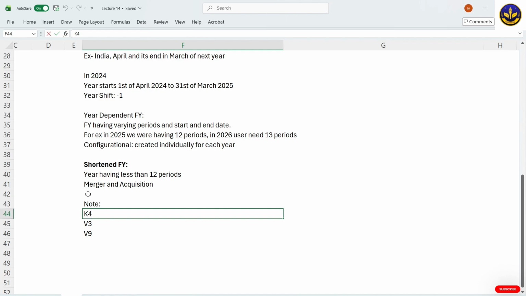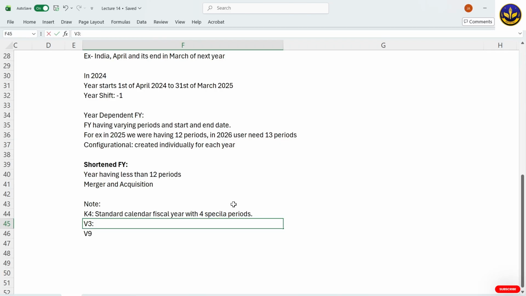So what is this K4? It is a standard calendar fiscal year with four special periods. If you take the real-time example, in Germany we use the K4.